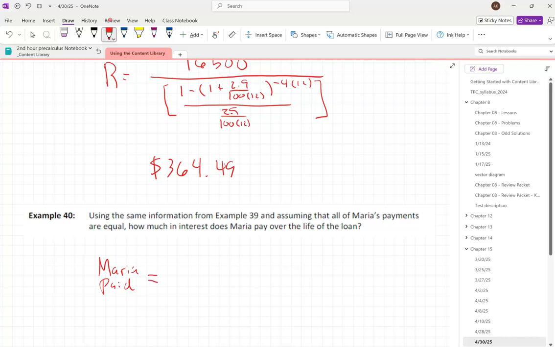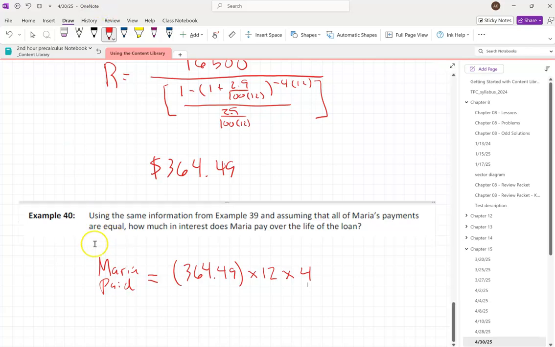What Maria paid is going to be $364.49 every month for 4 years. Everybody okay there?